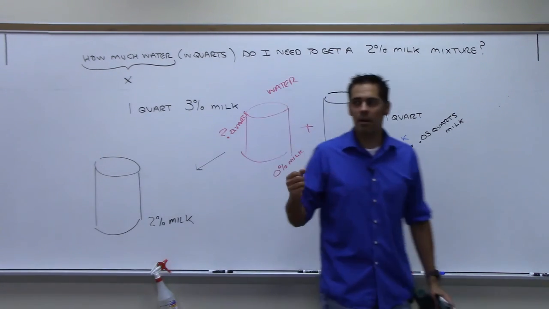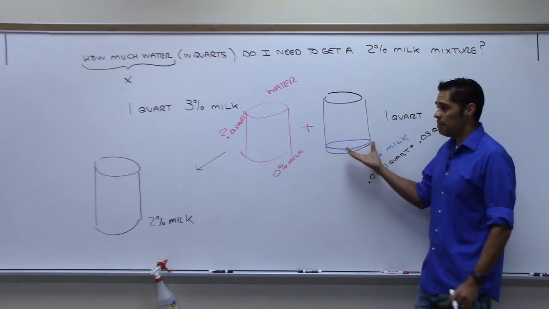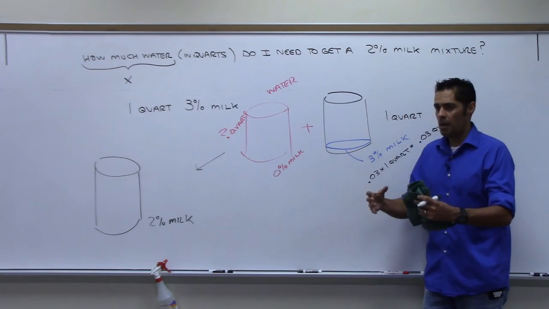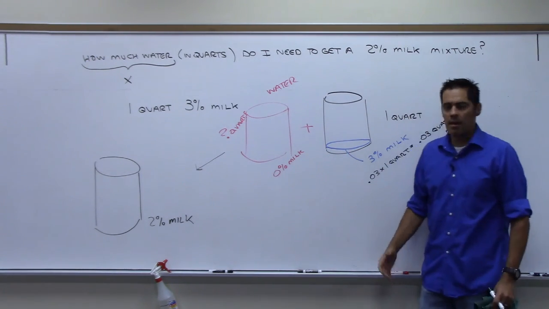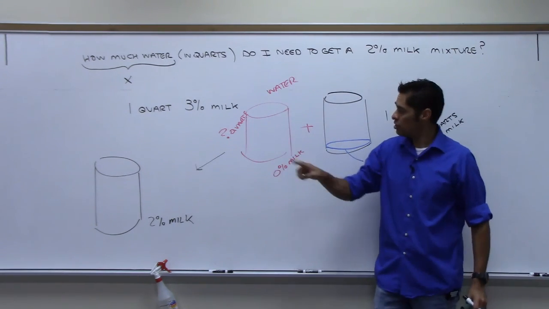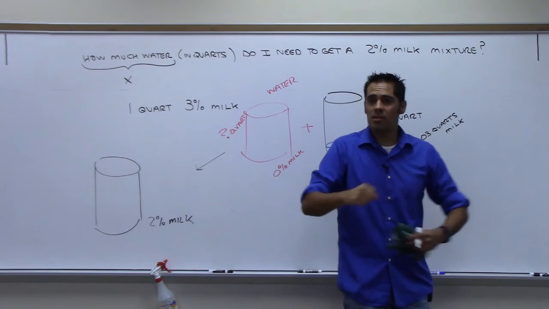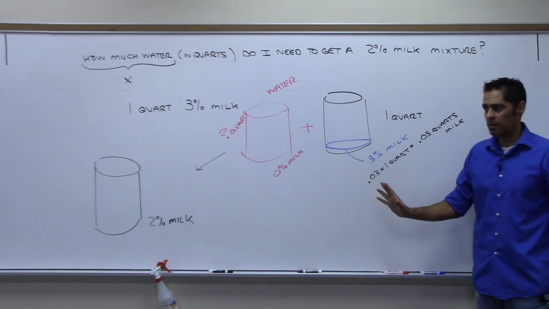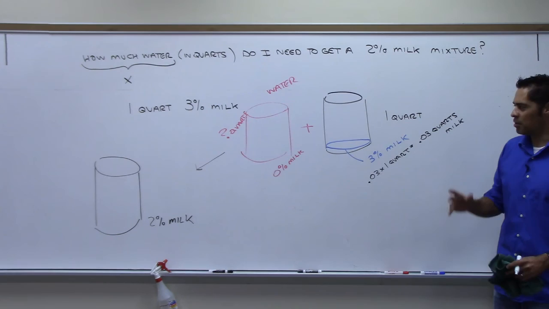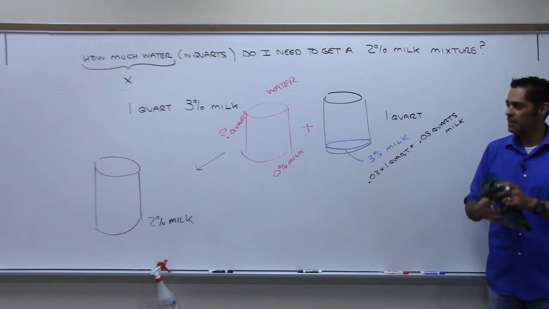So I'm going to come in here with this 3% milk solution, 1 quart of it. I'm going to put it in this big old bucket, all right? Then I'm going to come and I'm going to pour in how much? I'm going to pour in X and mix those up, and at the end I need 2%, right? Okay, we're kind of reversing what we just did.